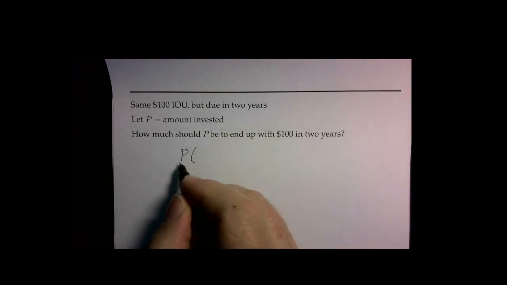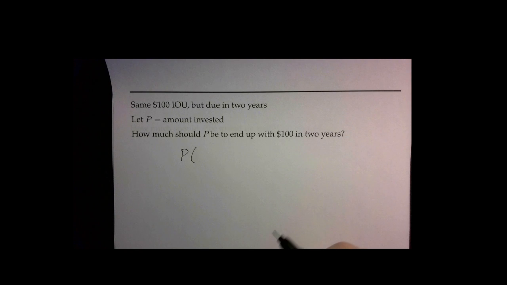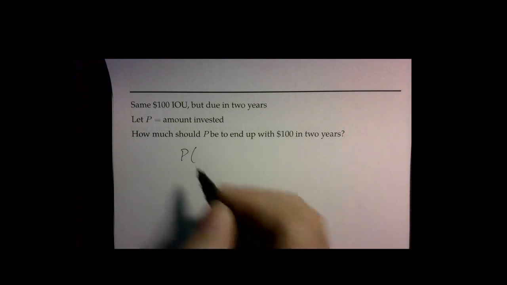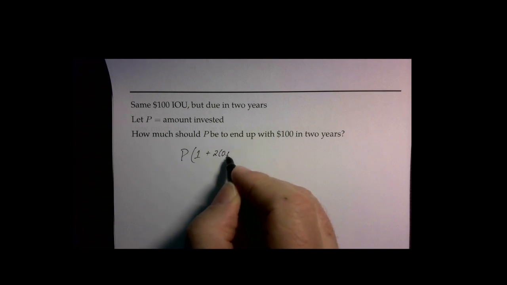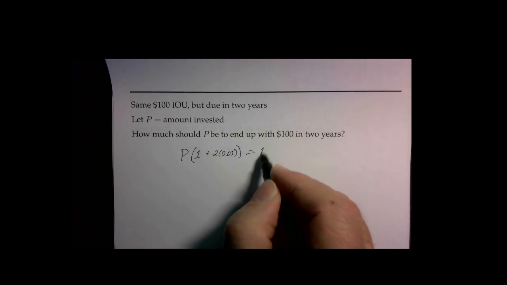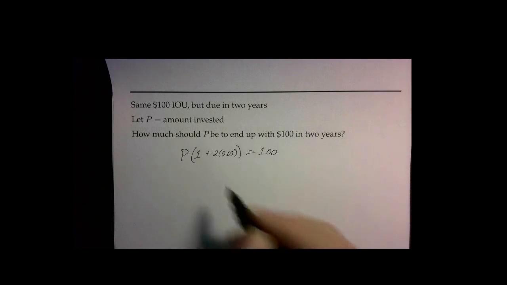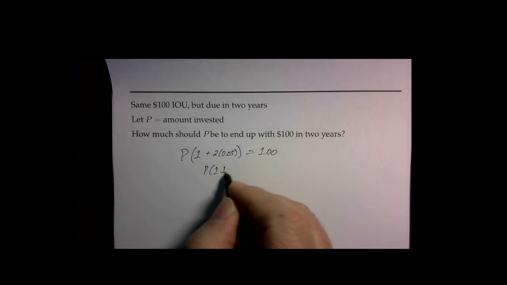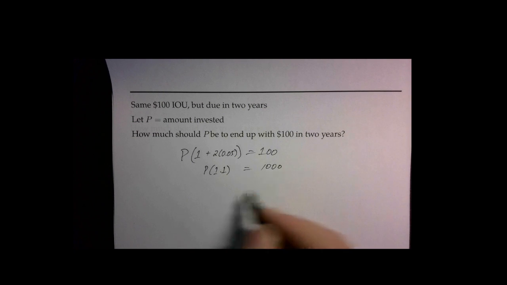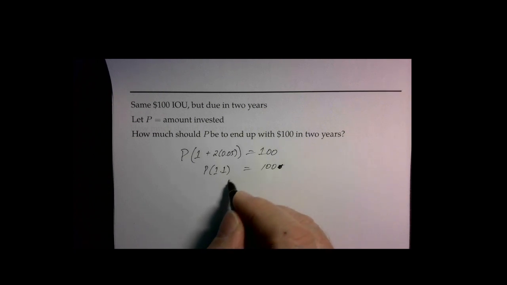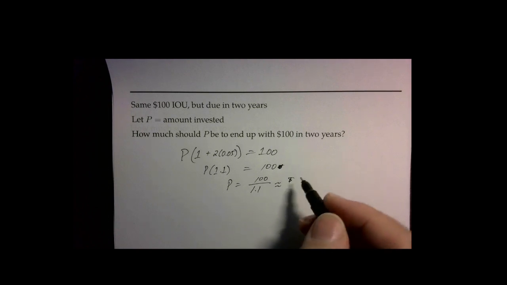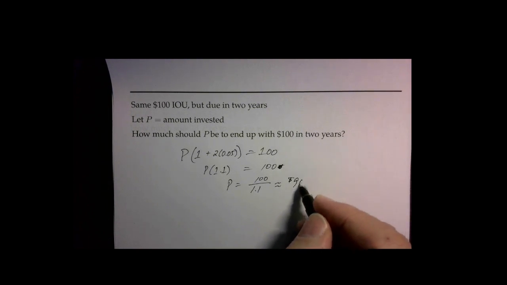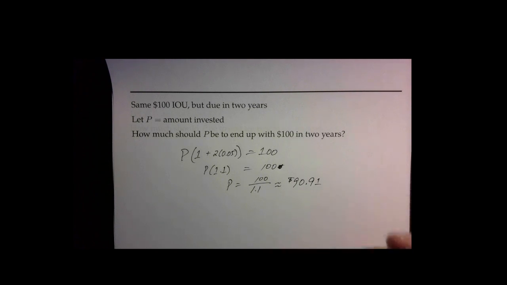Well, what would P dollars at 5% simple annual interest be worth in 2 years? It would be worth P times 1 plus 2 times 0.05. And we would need that to be equal to 100. So this is P times 1.1 is equal to 100. Oops, not 1,000, but 100. So P would be 100 over 1.1. And again, that's pretty easy. Just take out your calculator. To the nearest cent, that's $90.91.